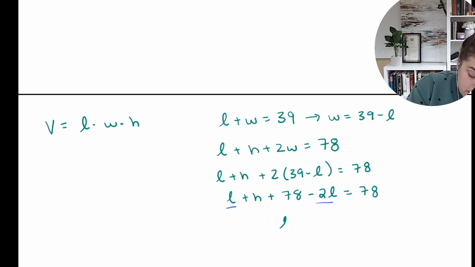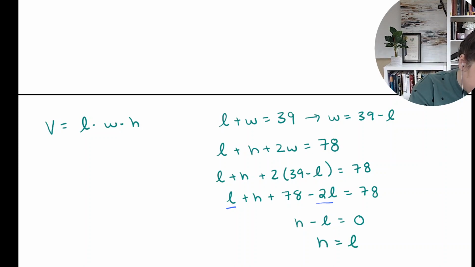So literally just height minus length is equal to 0. So height equals length. And then these are our two that we plug in.